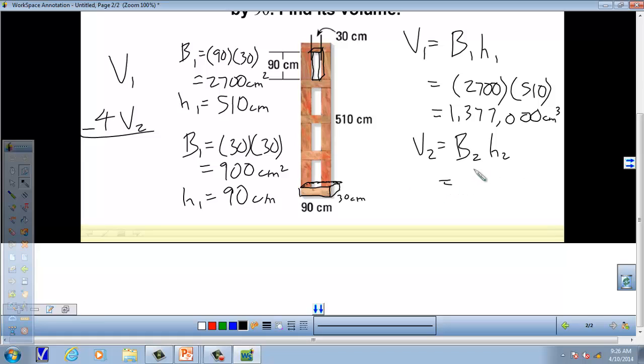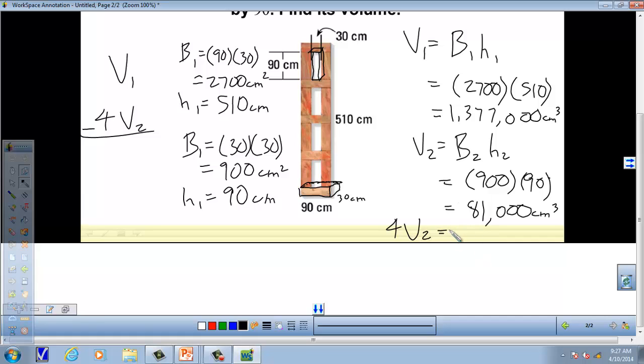So we're going to plug in 900 and 90, and this gives us, oops, not 27, sorry, 81,000 cubic centimeters. And we want to know what 4 of those volumes are. So we're going to do 4 times 81,000.